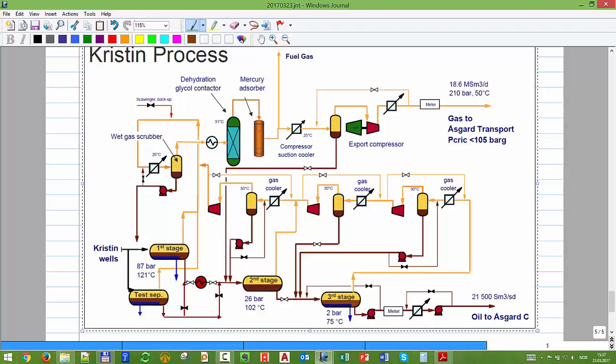So Christine, that's a gas condensate field, okay, so that's why the pressure is slightly higher. You have first, second, and third stage, and you have that cooler in between the stages on the oil line, and then you go on the gas side. So follow just the gas on the first stage, for example, it goes up.